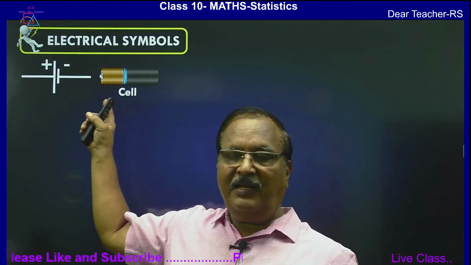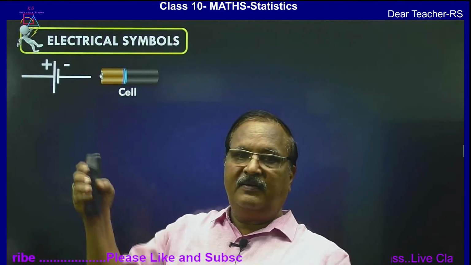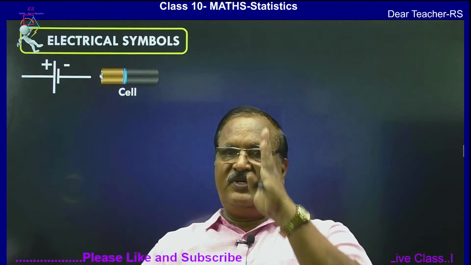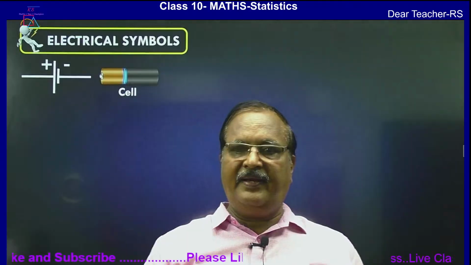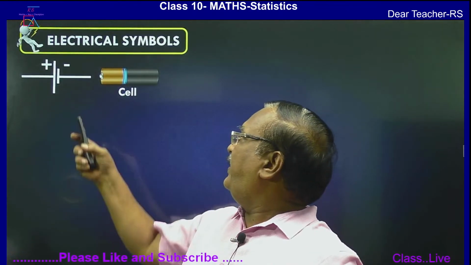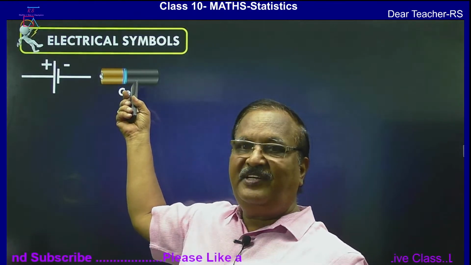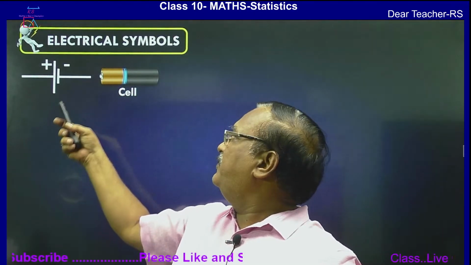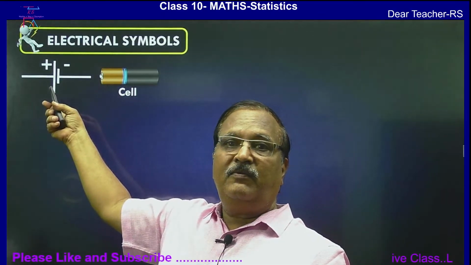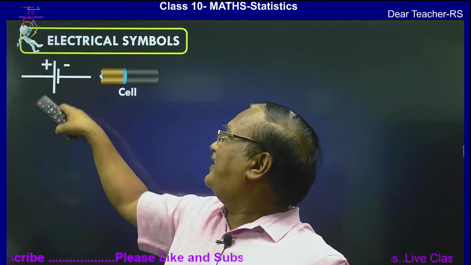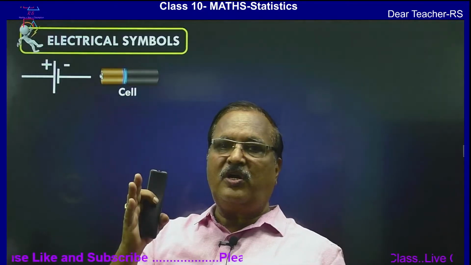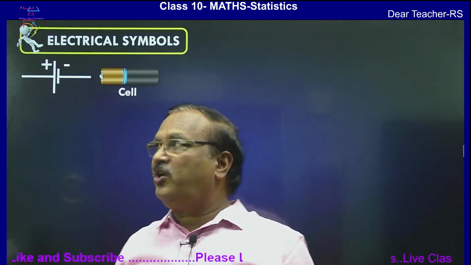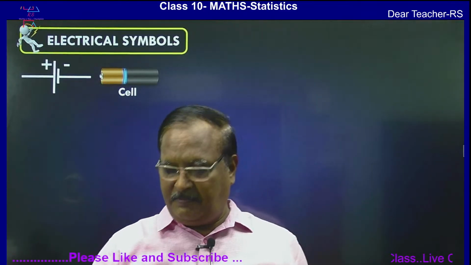A cell is always represented in the circuit with two lines, one short line and one long line. It is very difficult to draw a figure like this, so in a circuit we will show a cell like this, a long line and a short line. The long line is always represented with plus and the short line is always represented with minus.